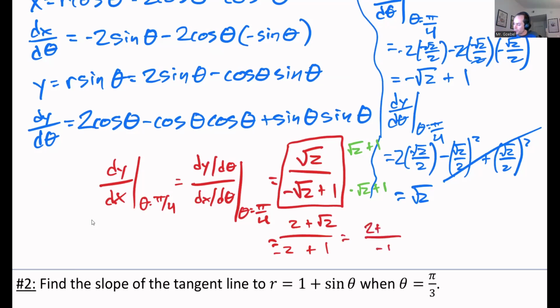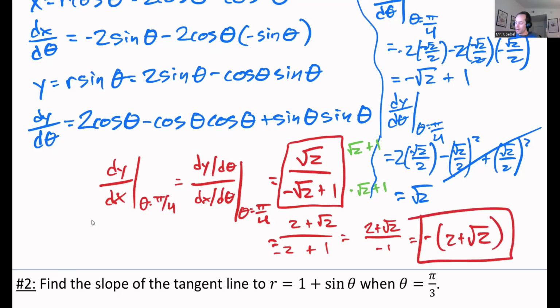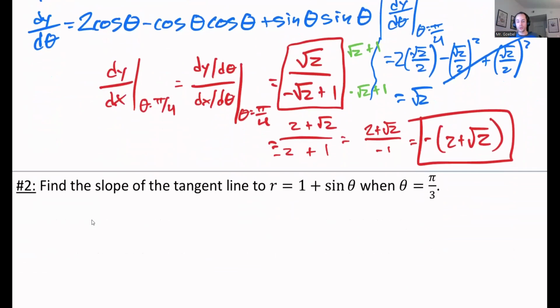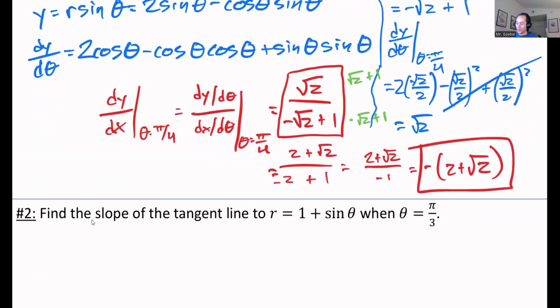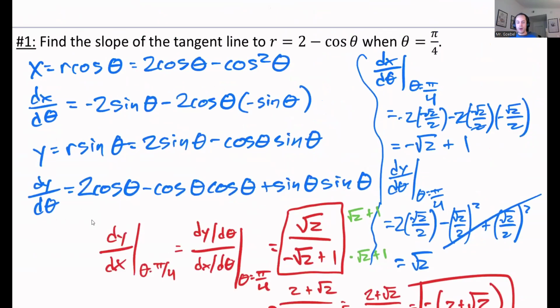Up on top, you've got 2 plus √2. So you could also call this -2 minus √2, which is equivalent. Again, you don't have to do that on my tests. I'm saying purely for the sake of multiple choice, you might see that written that way. All right. Fantastic. So summarizing, I got x and y using r cosine theta and r sine theta.